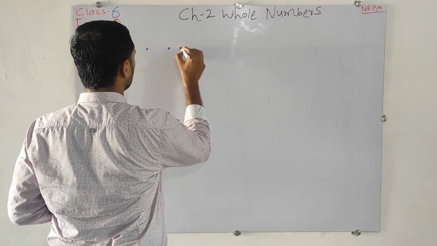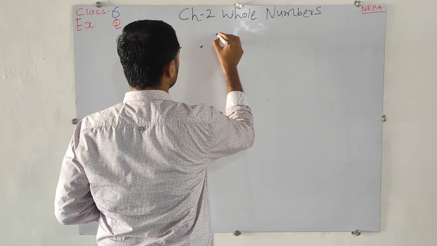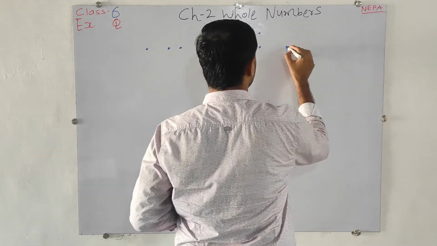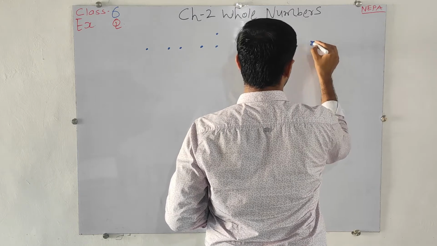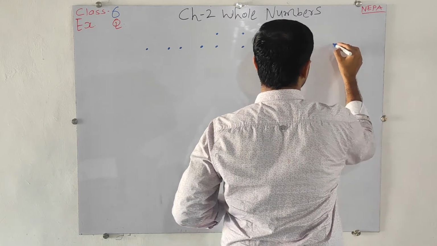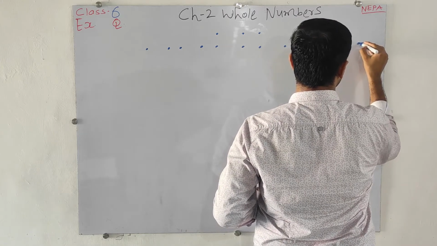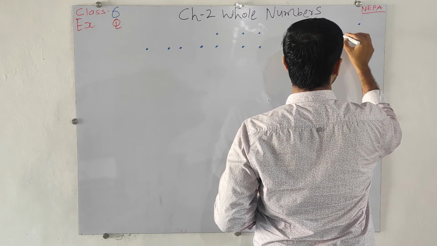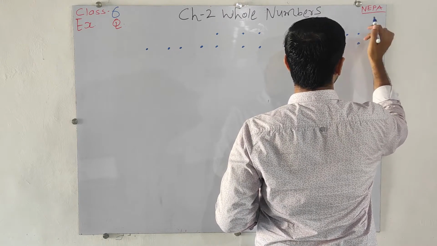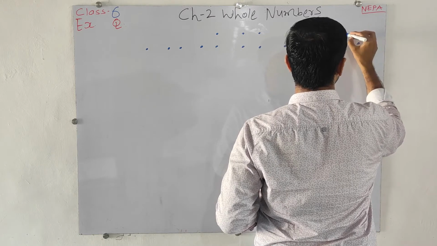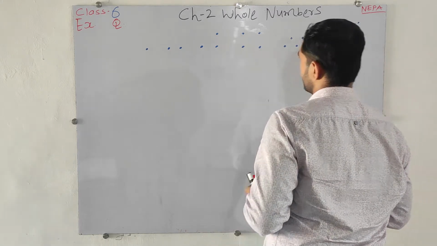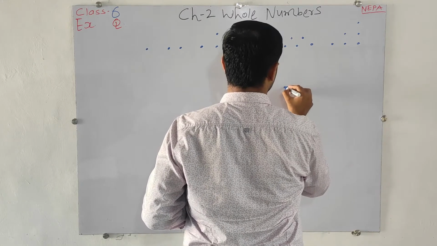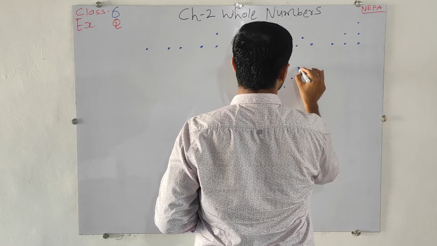Now the 2, 3 dots, 4, 5, 6, and 6 can be represented as 1, 2, 3, 1, 2, 1.